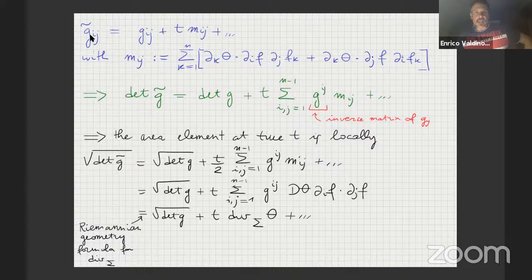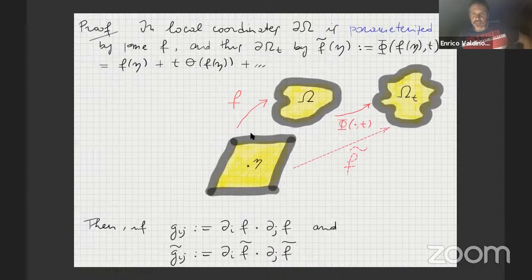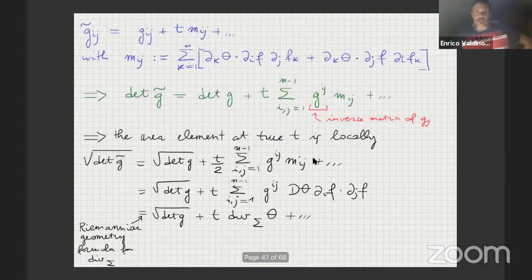The g tilde ij is known because the f tilde is just the composition. So if I have to take the derivative of f tilde, I just use the chain rule. So when I use the chain rule, I get that g tilde ij is the original gij plus some t Mij, and the Mij is what you get by the chain rule.